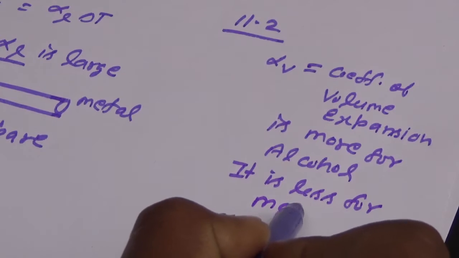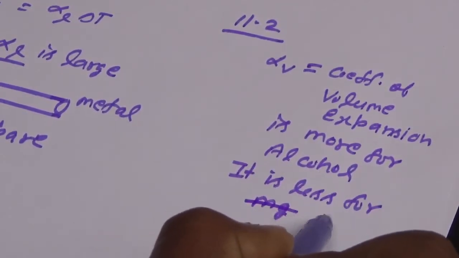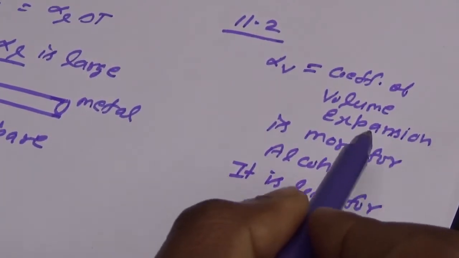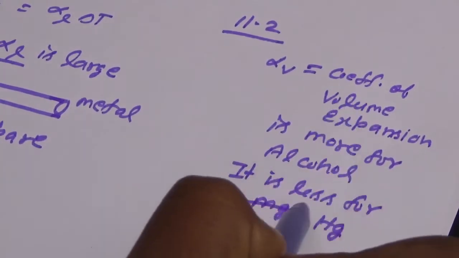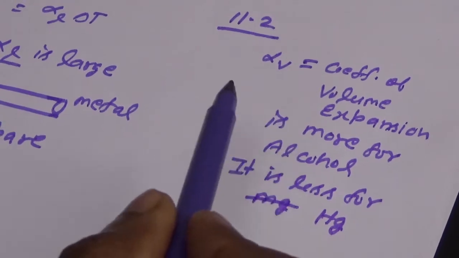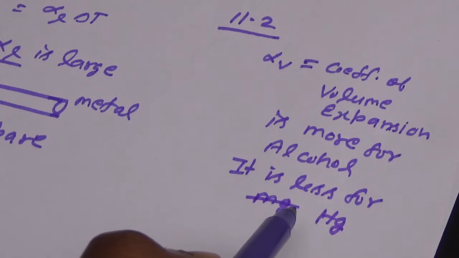The formula of mercury is Hg. If we compare the value of alpha V for alcohol and mercury, then from table number 11.2, the value of alpha V is more for alcohol than mercury.